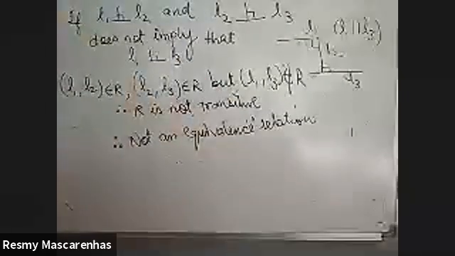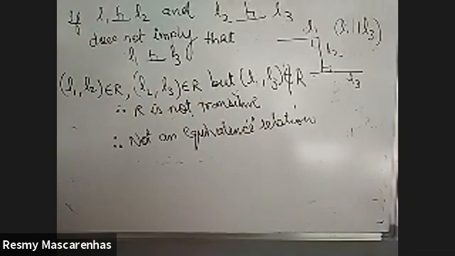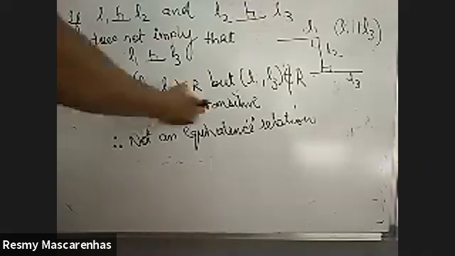If it has to be an equivalence, it has to be reflexive, symmetric, as well as transitive. So it will not be an equivalence relation. This is exactly the definition of transitive.